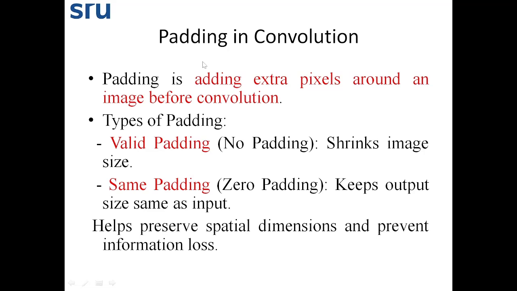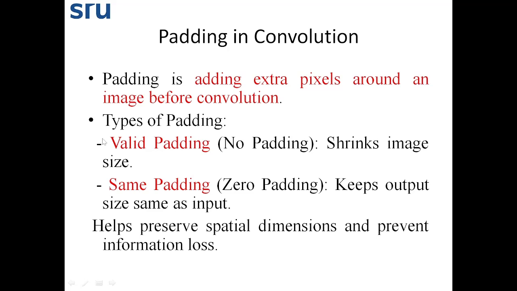Padding in convolution. Now we will see the basic concept or meaning of padding. It is adding extra pixels around an image before convolution. What are the types of padding?